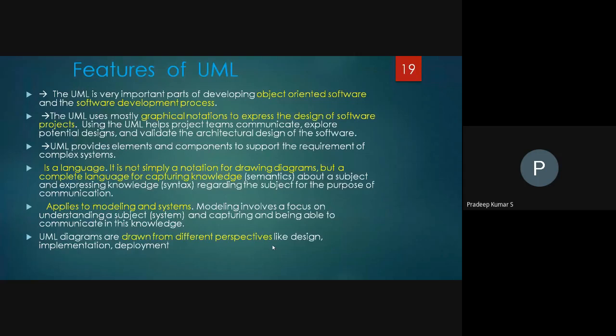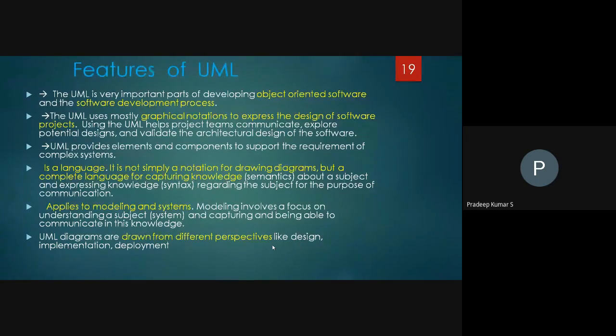Now, what are the features of UML? This question they ask several times in the exam. In the PPT you saw the yellow color, which marks the standard key points and keywords. Don't forget the standard key points and keywords at any time.